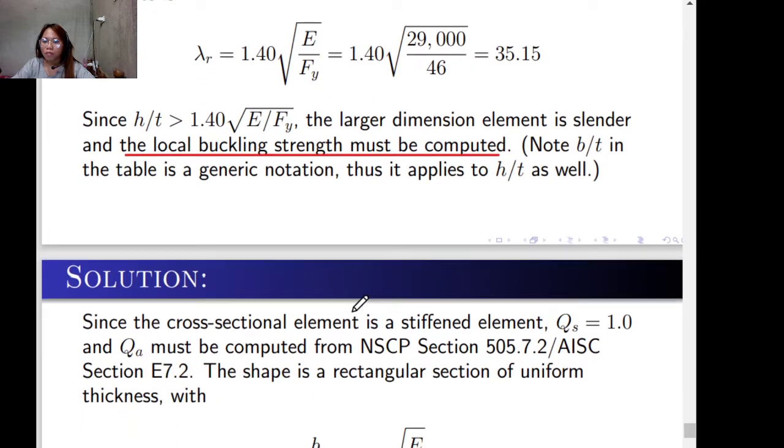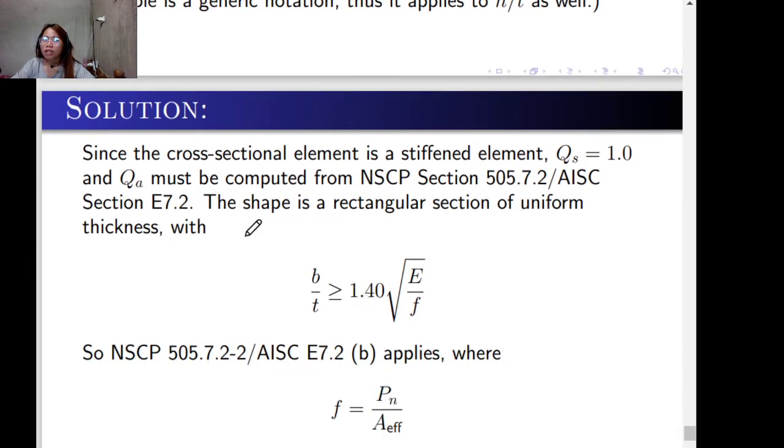Since the cross-sectional element is a stiffened element, the Q sub S is 1.0, and the Q sub A must be computed from NACP 505.2 or E7.2, or AISC equation E7.2.